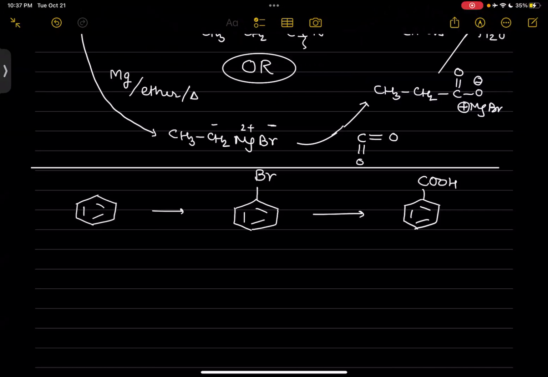That's absolutely correct. What we need to take? FeBr3 and bromine, yes, absolutely correct.